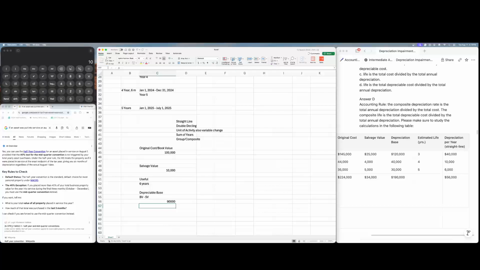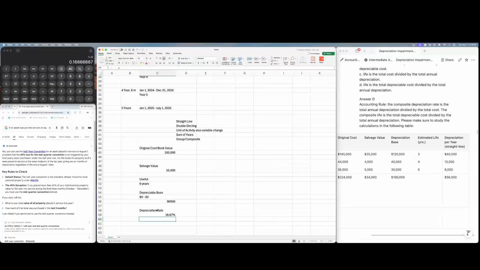Using straight line, all you have to do is divide 1 by 6 to get the depreciation rate. So the depreciation rate is 16.67% per year.